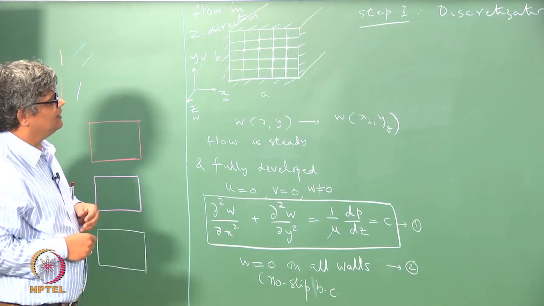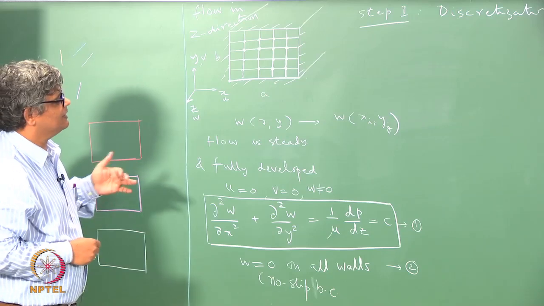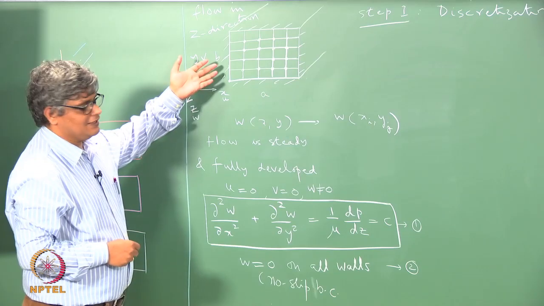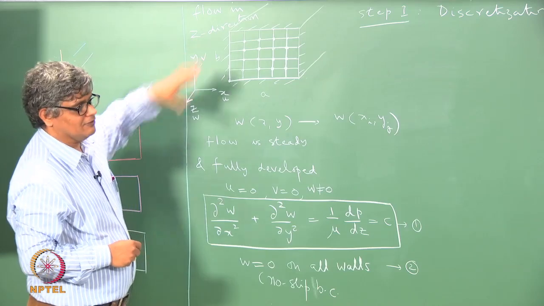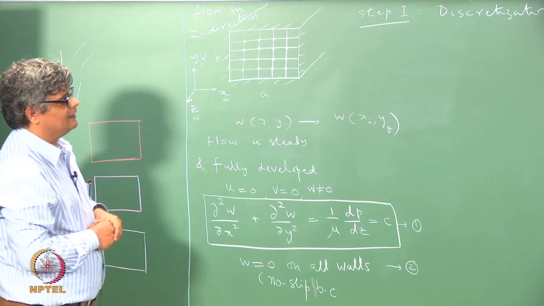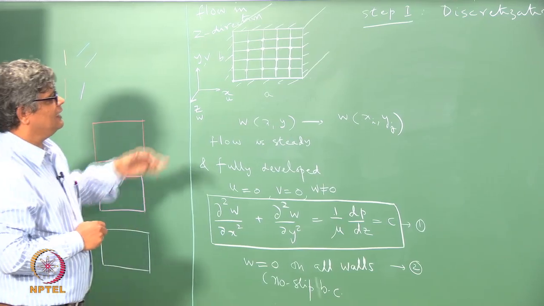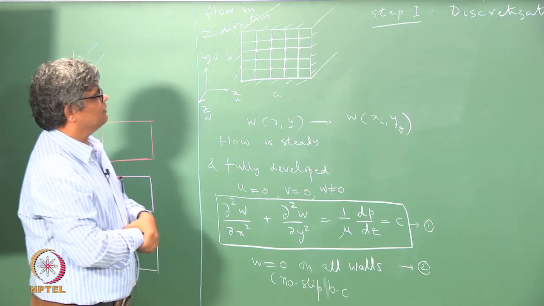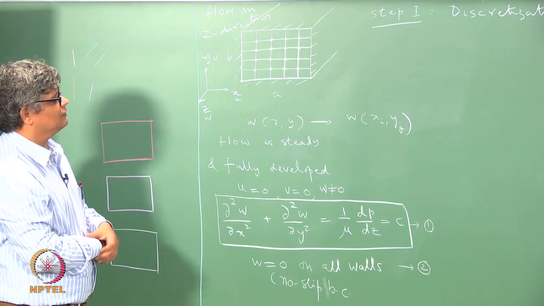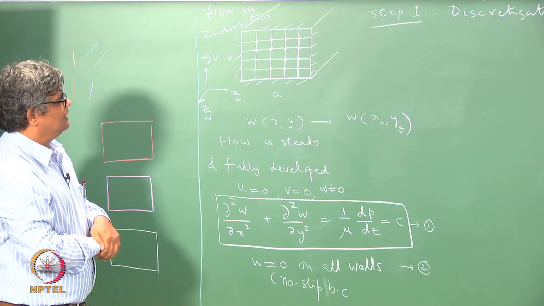While discretizing it, we would like to make sure that in these simplest cases it is pretty obvious, but in more practical problems it is not so easy to identify at which points we want to put these grid nodes.